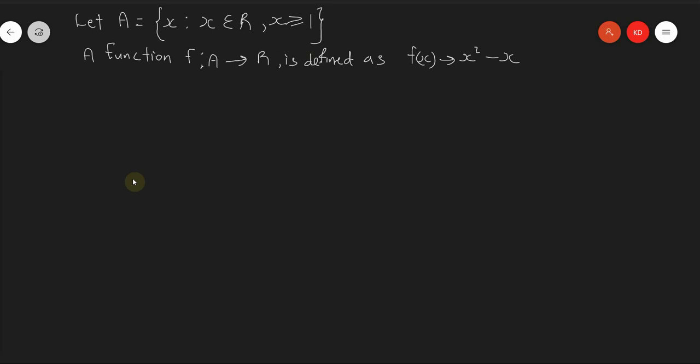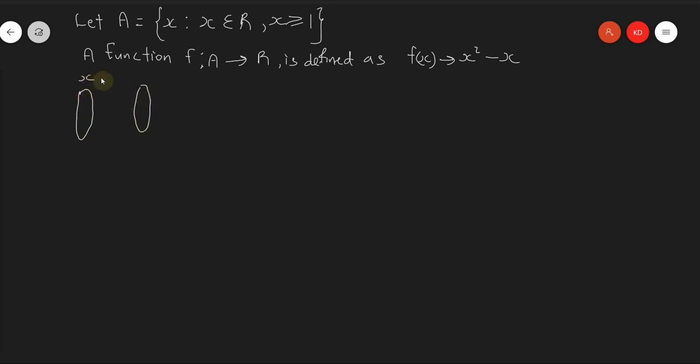The problem says that we have to show that f is 1 to 1. So show that the function is 1 to 1, which means each x value has a unique y value. One x value has one unique y value, which could look like this.